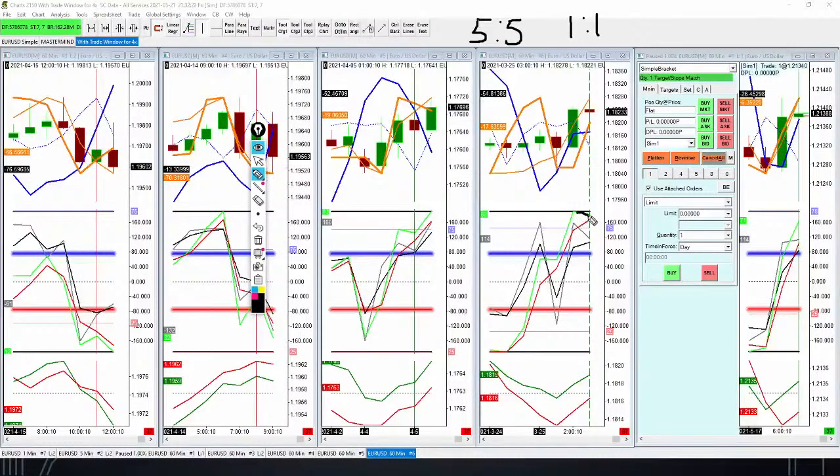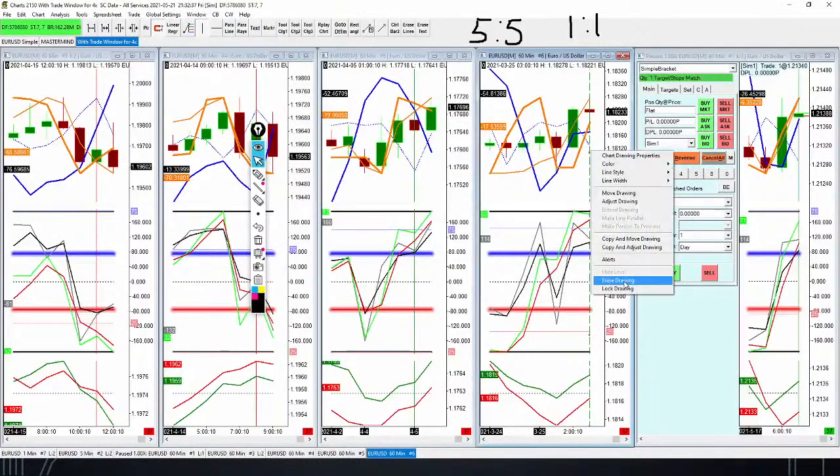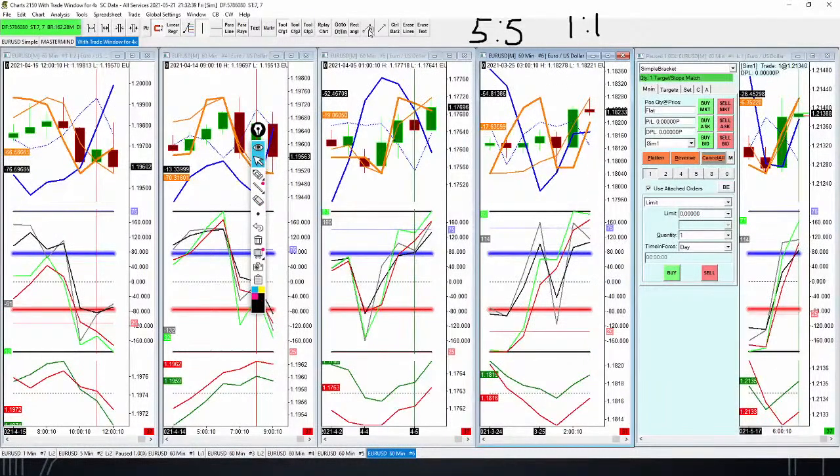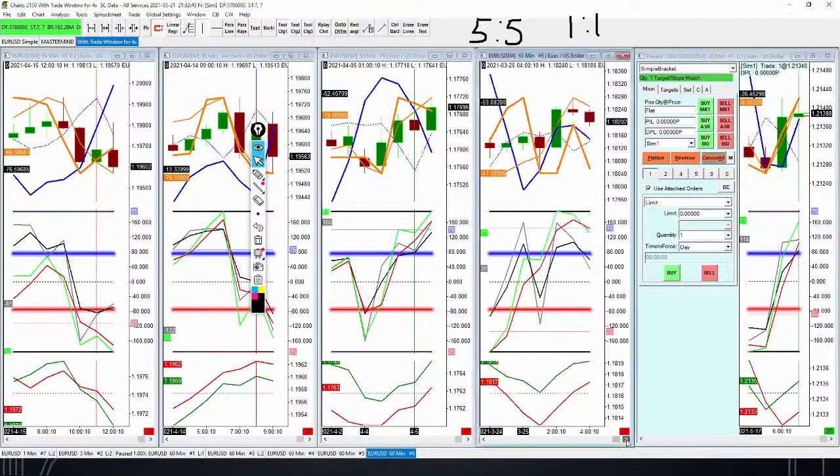Green down, red up, gray down, black up, green on top, red candle. So this looks really clean, right? This looks like a textbook example. Erase that for a moment. And have the contrary candle, we'd be looking for a long or a buy trade.